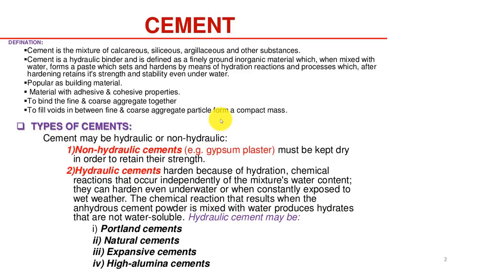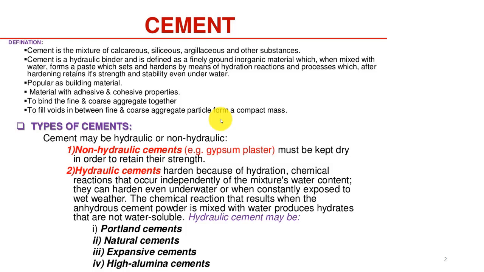Cement is basically the mixture of calcareous and argillaceous rocks. Calcareous are calcium rich, which are basically limestone, rich in calcium, which can be found in the Earth's crust and throughout any geology.